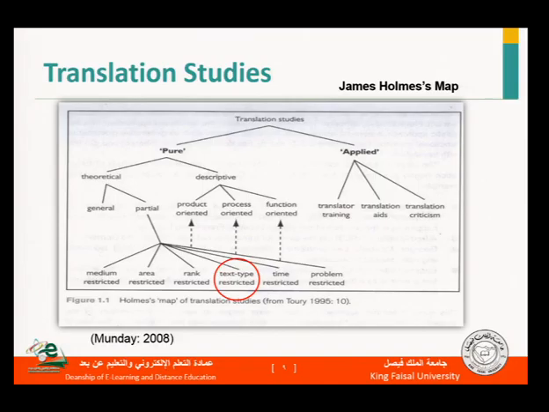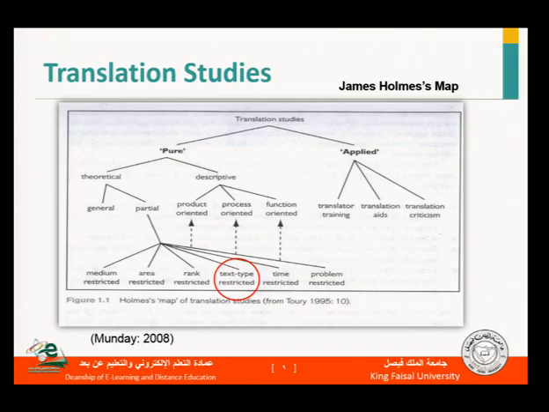Which is pure, which is theoretical, which is partial, and one of the partial theoretical pure translation studies is what is called text type, which is text type restricted. So text type is here in the whole picture of translation studies, the whole diagram, and you see it is pure and applied and so on, but I would like to know where our location is.